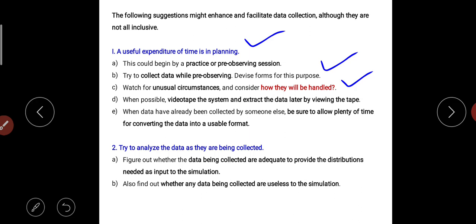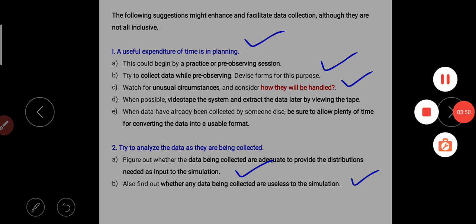The second suggestion is to try to analyze the data as they are being collected, that is, figure out whether the data being collected are adequate to provide a distribution needed as an input to the simulation, and also find whether any data being collected are useless to the simulation. If such data exist, then discard them; no need to use that data for the simulation.